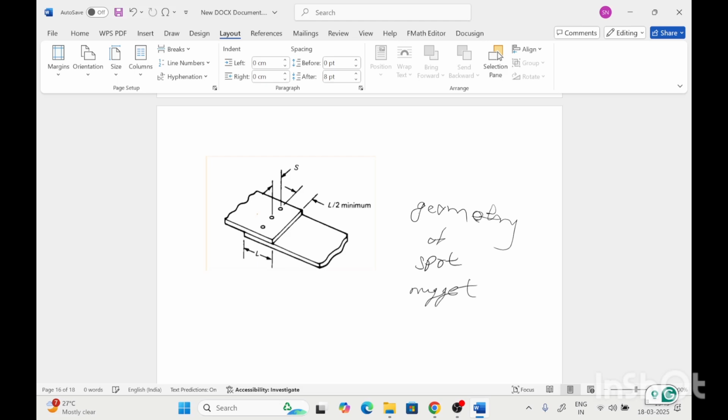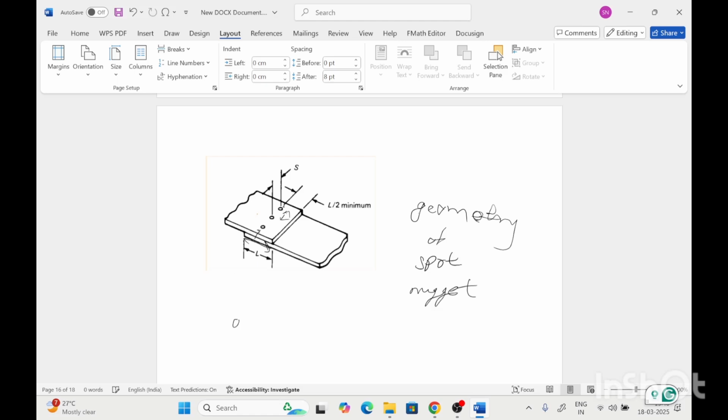This is the lap created between the two plates, and at the center of this length we generally prefer to make the welding joint. The distance between two spots is also very crucial, so we have to maintain this distance between two spots.